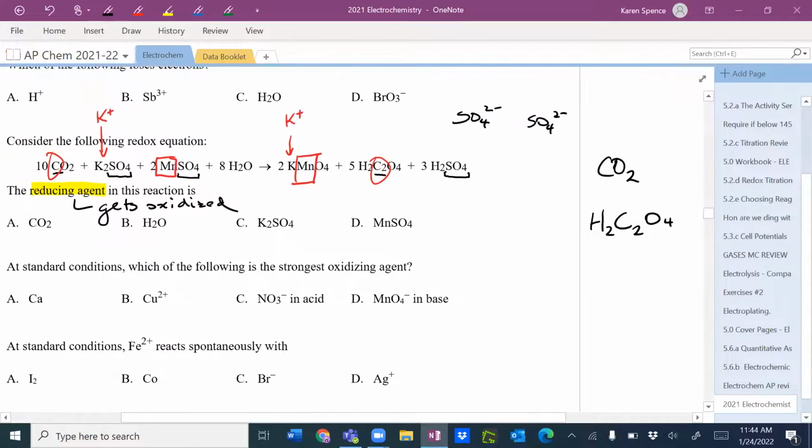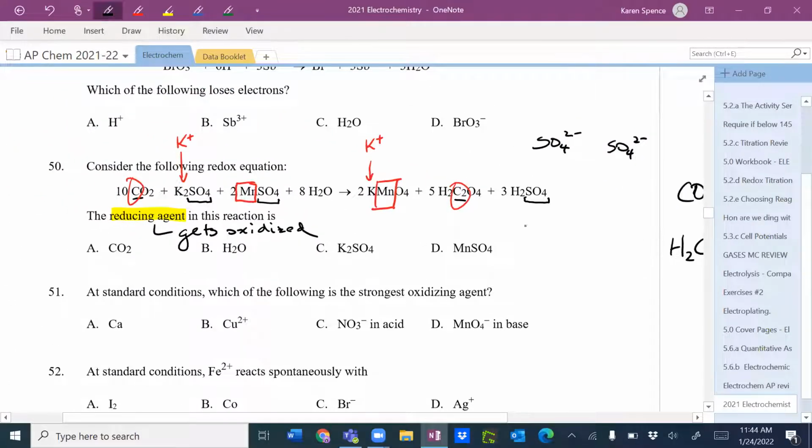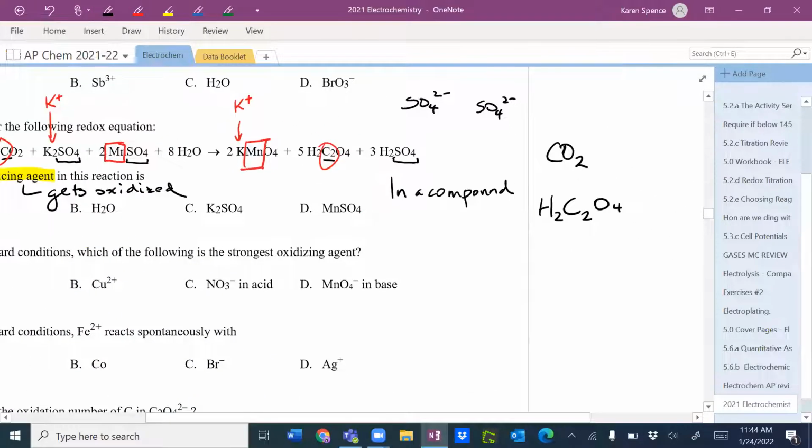Oh, can I repeat the part about K? Yes, in a compound, your alkali ions are always +1. They're never any other charge when they are in a compound.